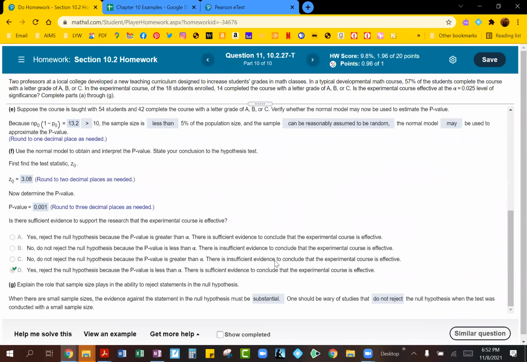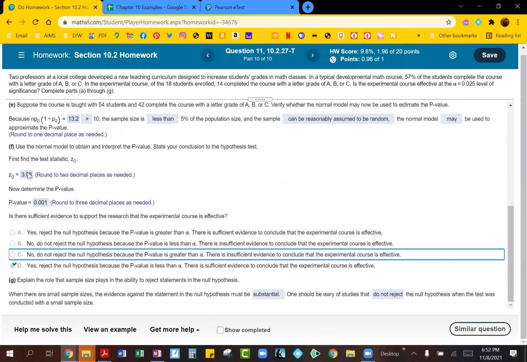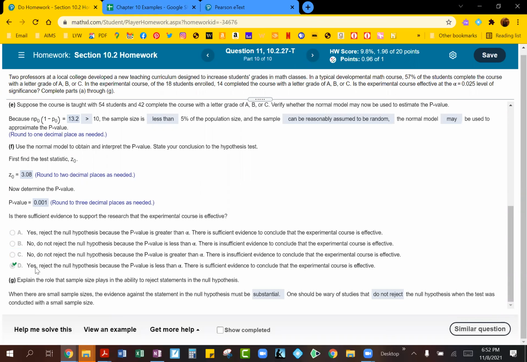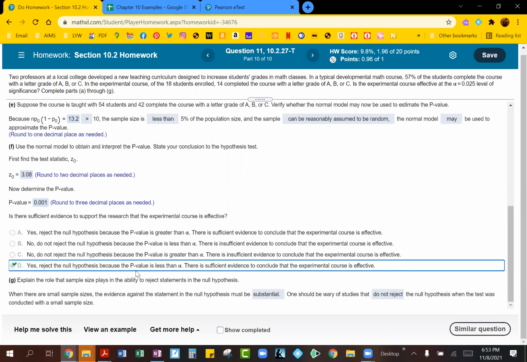So you can see we've got our test statistic, z sub 0, our p-value over here, and then based on that, we are saying, yes, reject the null hypothesis because the p-value is less than the level of significance, our alpha, and we have sufficient evidence.